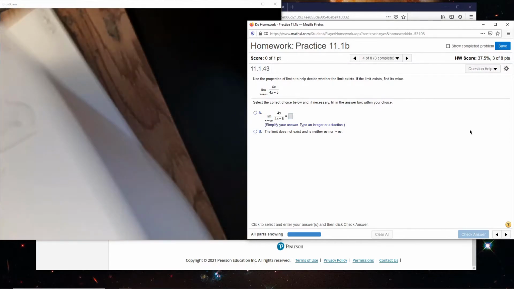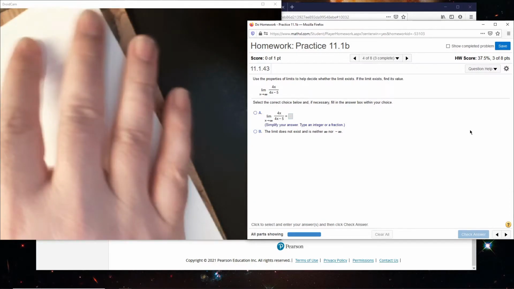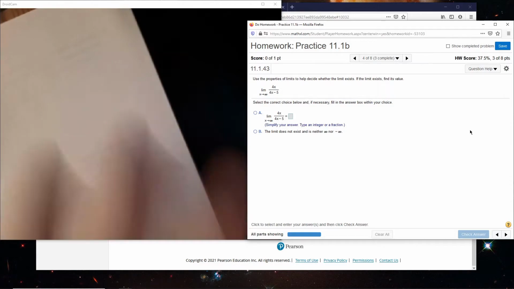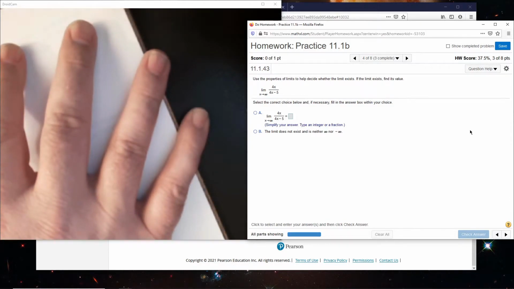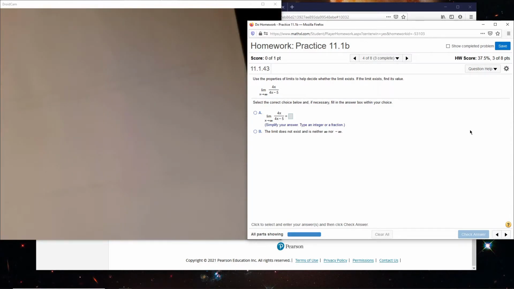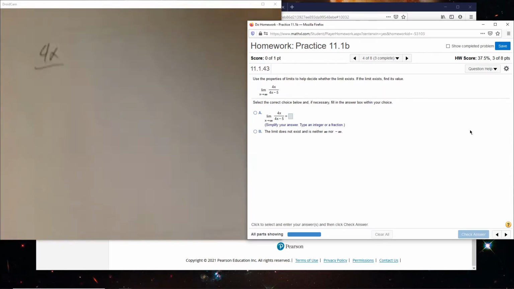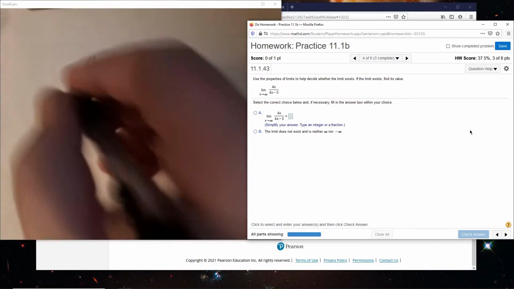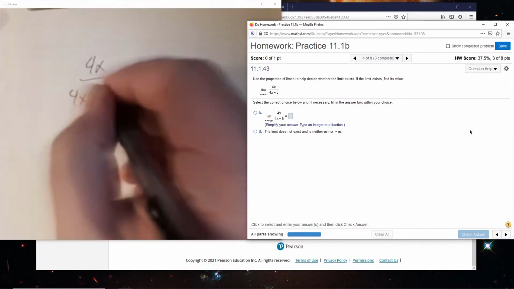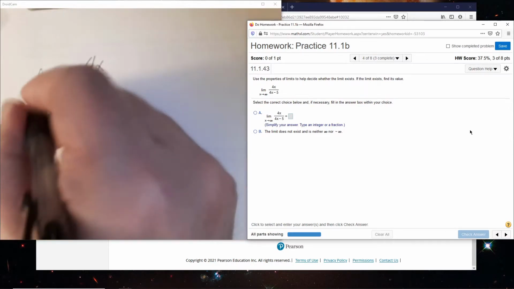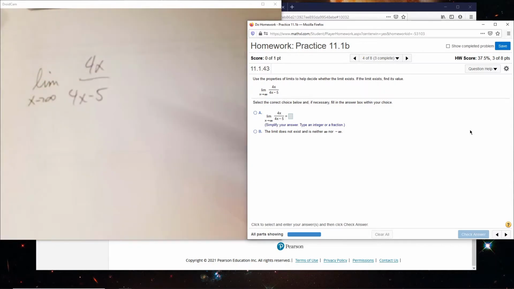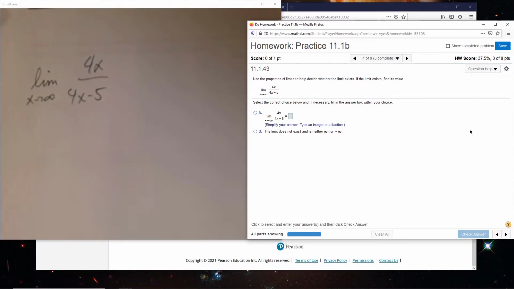So here is our infinity limits. So here's a limit going to infinity. We'll check that out. We're going to do this limit here.